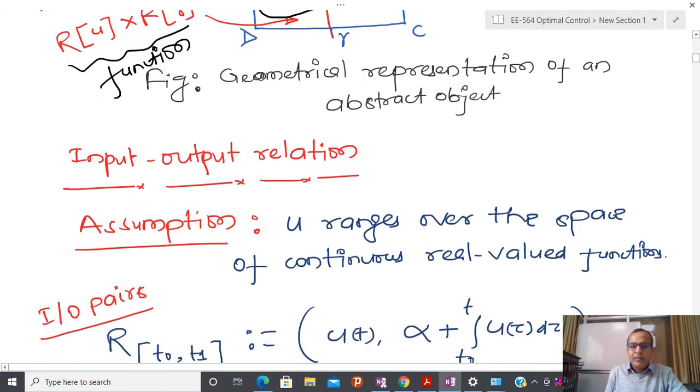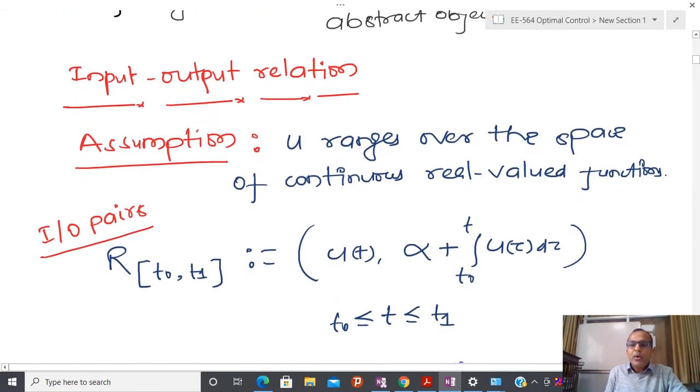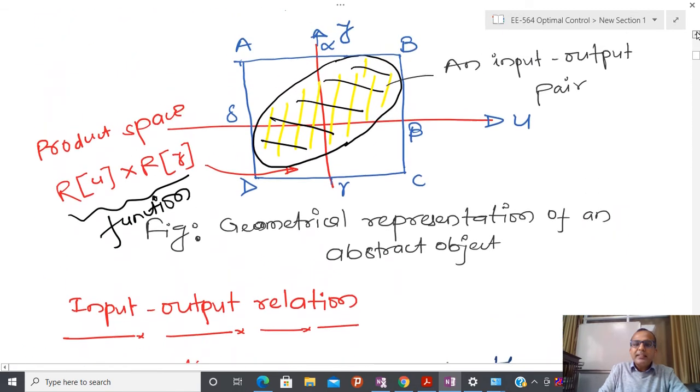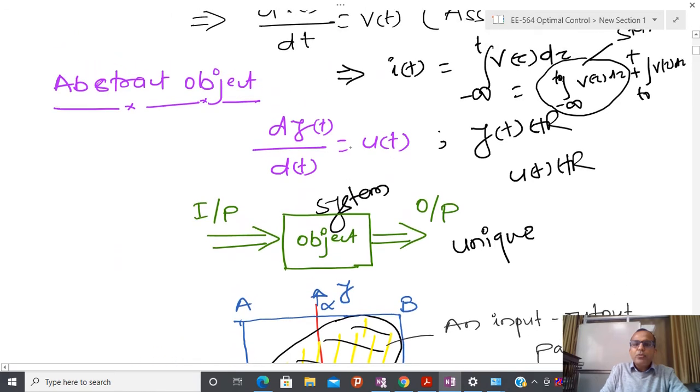That is the meaning. Now let us try to understand the meaning of the input output pair in this particular abstraction. I am representing the input by u. I have already told you that u I can apply or select from a space of continuous real valued functions. Real valued because all the instruments we have developed are only able to understand real data, and u(t) is the input, and since we are telling that dy/dt equals u(t), in this way I have related my input and output.